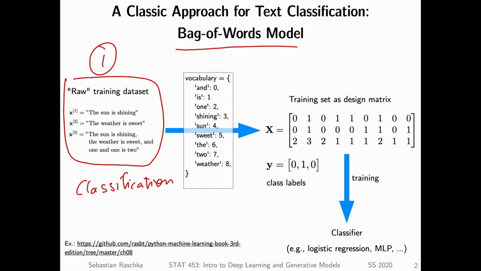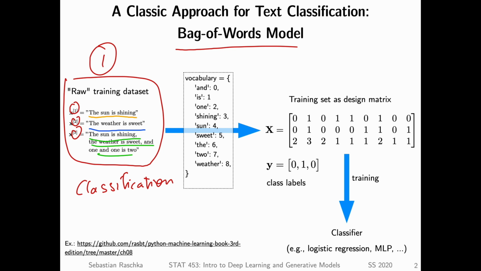So let's assume we have a classification task, and I have collected my raw data set. In this case, I have 3 data points, 1, 2, and 3. And each training example here is, just for simplicity, one single sentence. So there's one sentence here in the first training example, a sentence here in the second one, and a longer sentence for the third one. It's of course just a very simple toy example.